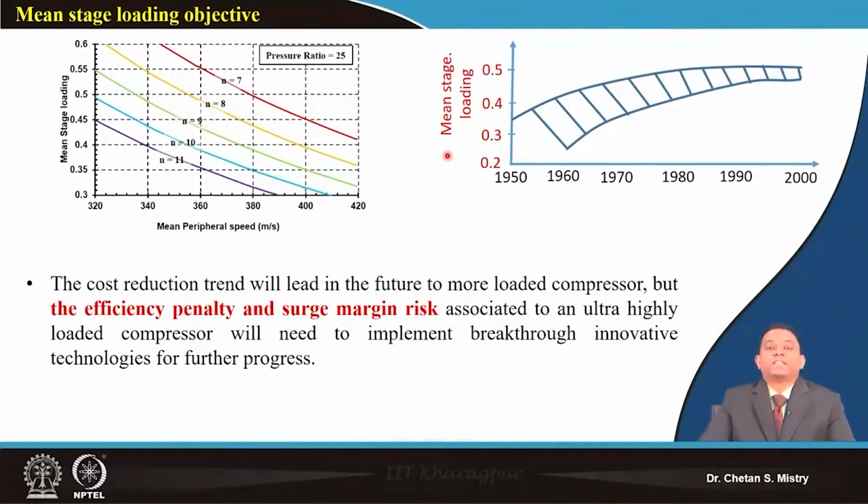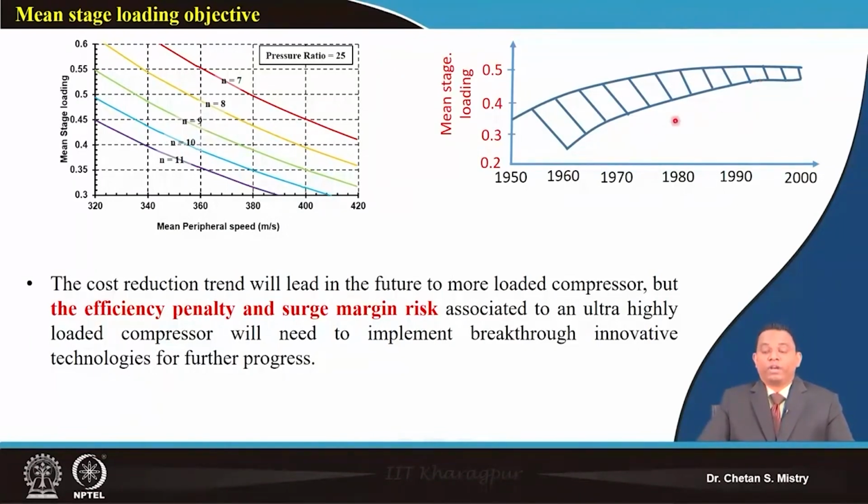And that's why we are looking for new technologies to address these kinds of issues. There are some that people are working on at this moment, maybe aspiration, maybe tandem bladed configuration, maybe contra-rotating configuration, all of which will help in order to achieve this kind of mean stage loading.